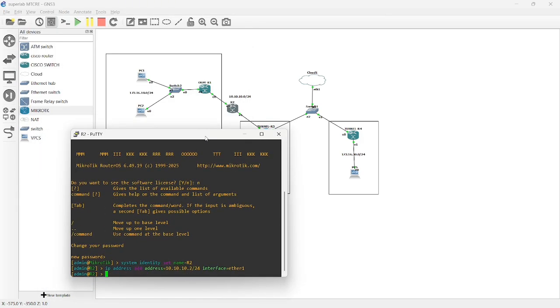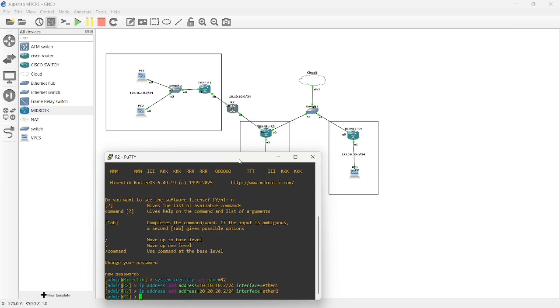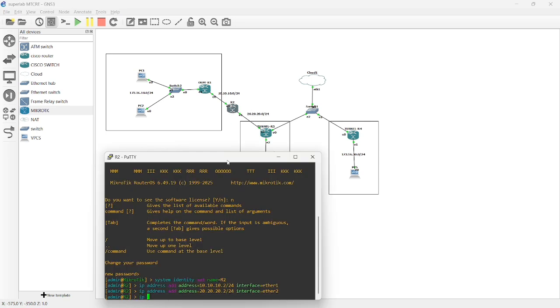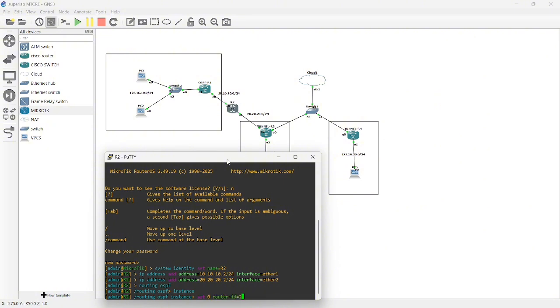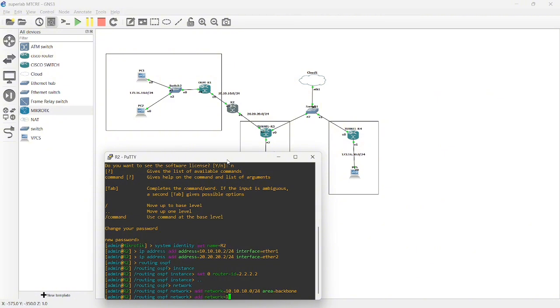Next, on router 2, we add the IP address to every ether. I make IP 10 and IP 20, and the same prefix is 24. It is easier for me for configuration, because I also forgot the prefix. Okay, next the routing OSPF instance, we add the router ID 2.2.2.2 and the OSPF to the right interface, enter.